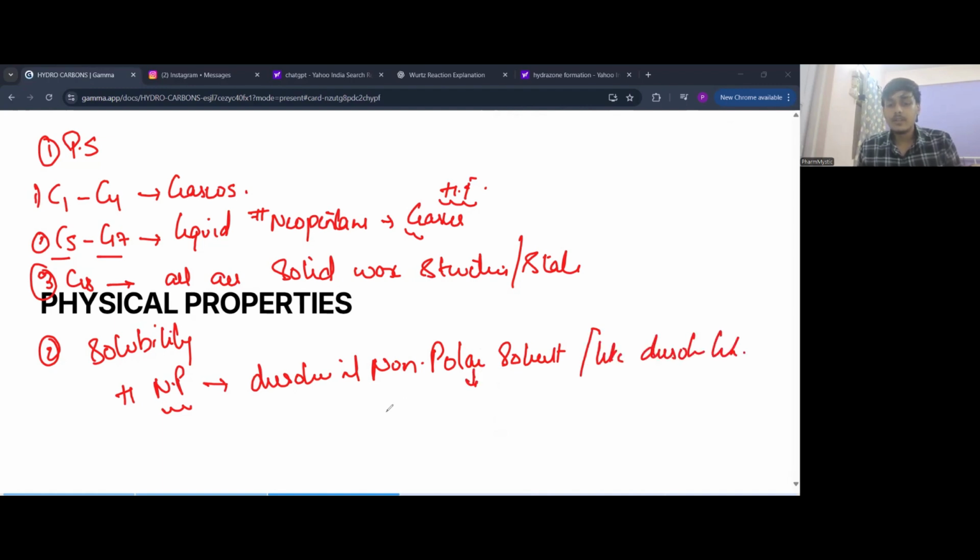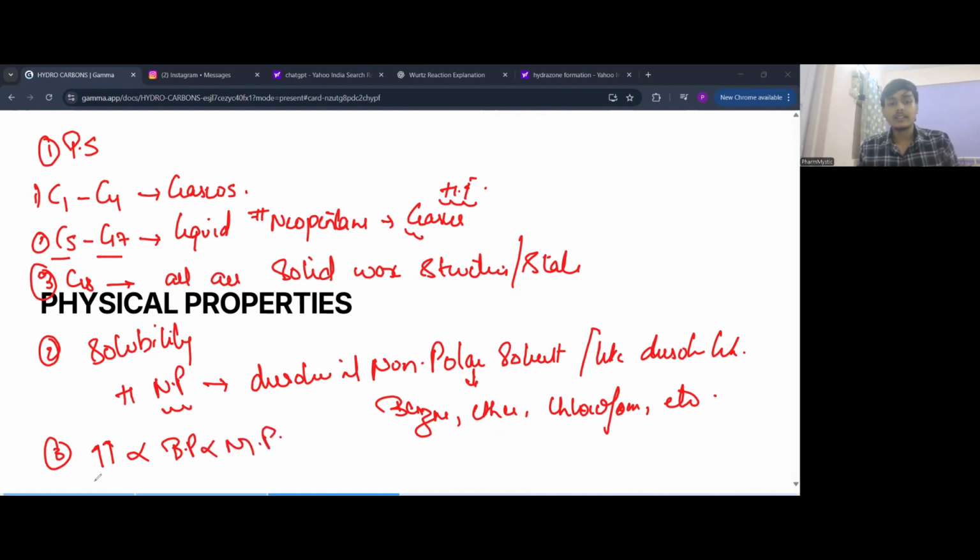Non-polar solvent examples: benzene, ether, chloroform, etc. And the last part is, as the carbon chain length increases, their boiling point and melting point increase. These are some of the important physical properties of alkanes.